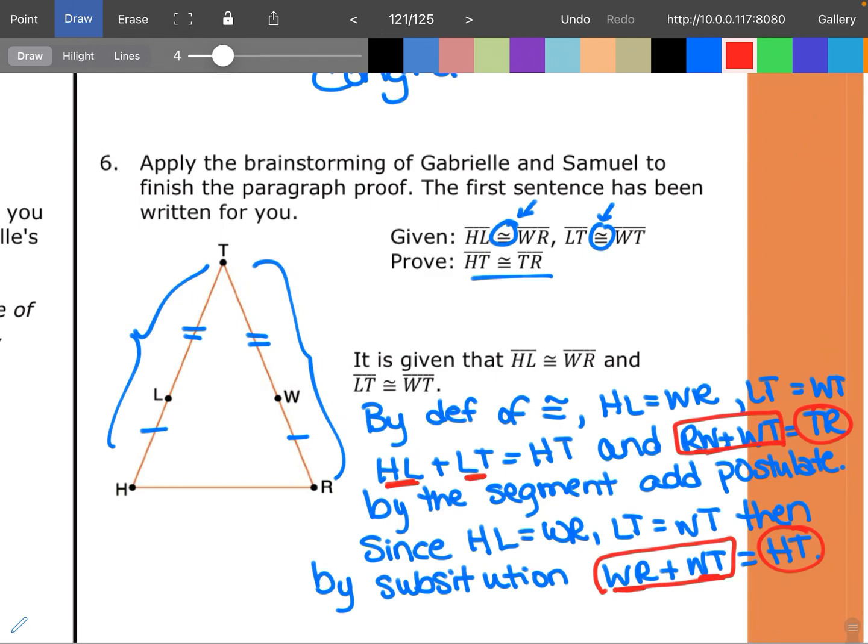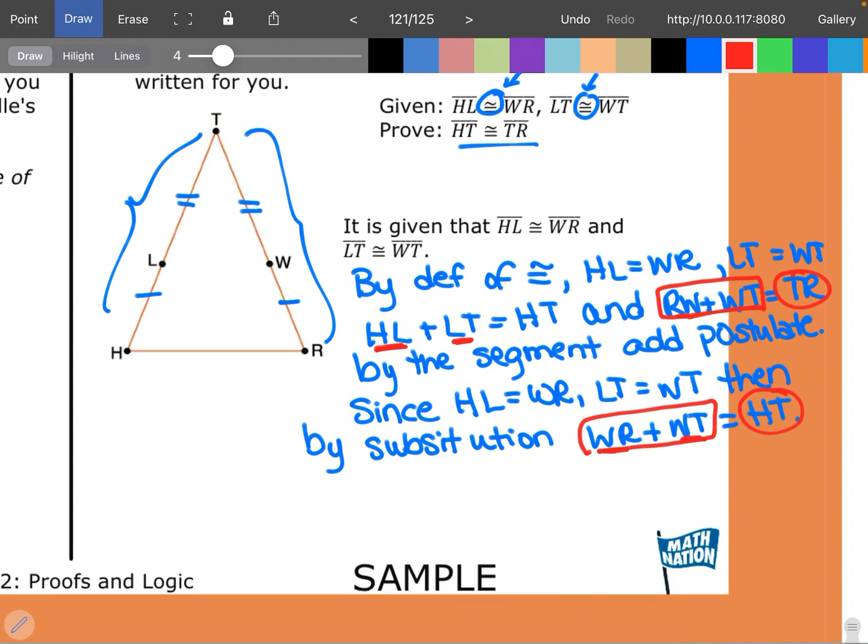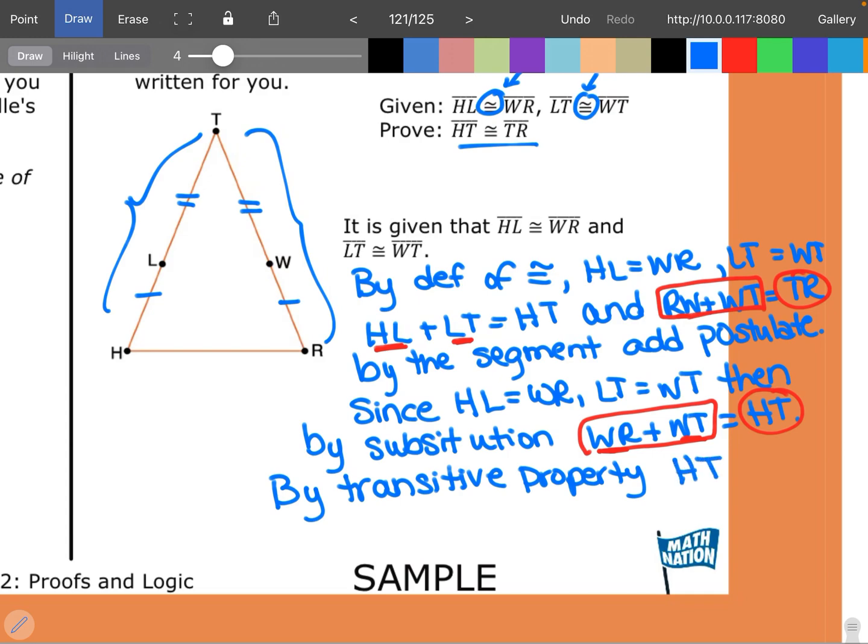Those are the same thing. Okay, so basically I have X equals Y and Y equals Z. So therefore X equals Z. So hopefully you're thinking of the transitive property. Sorry for the noise. Okay, so by the transitive property, HT is equal to TR.